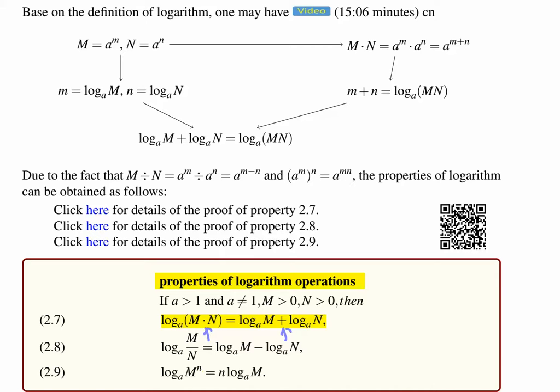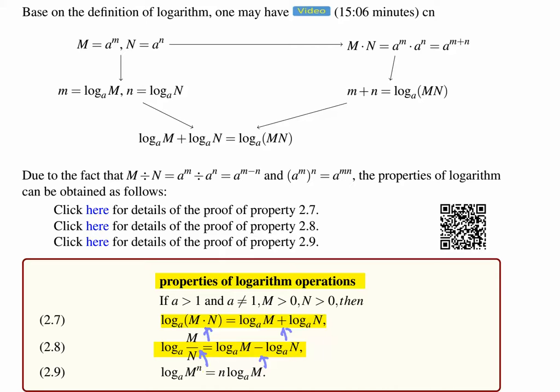The second property is log base a to the m divided by n equals log base a to the m minus log base a to the n. In this case, we changed division into subtraction.